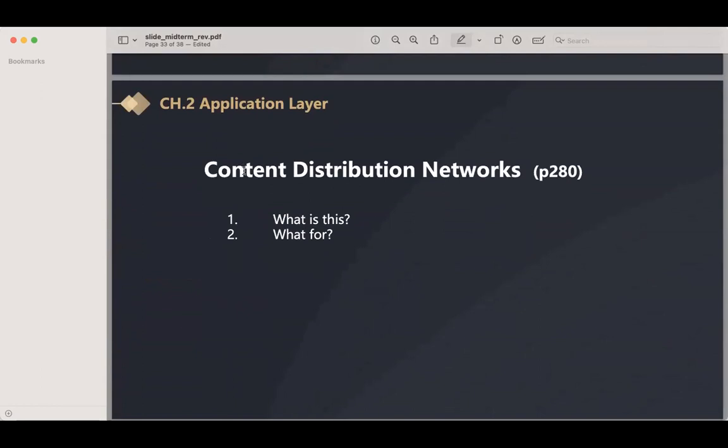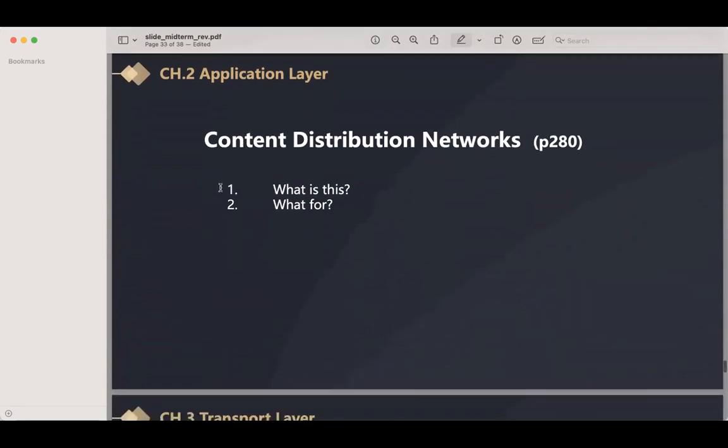Next one, CDN. I don't think we will test a lot of things about CDN, but you need to go through the slides of what is CDN, and how can we use it. Any idea for the CDN? Give me a brand of CDN, or how could we use it?